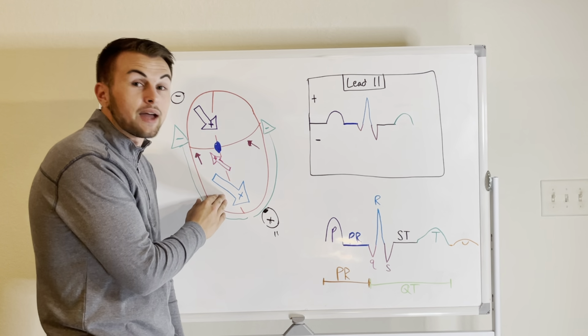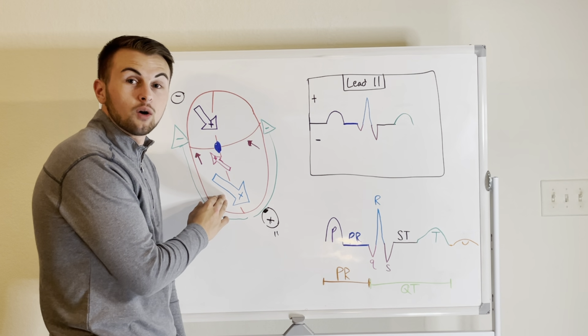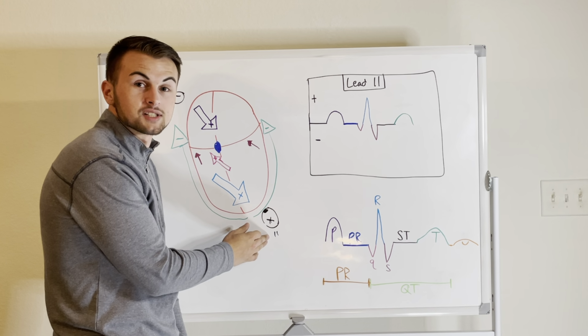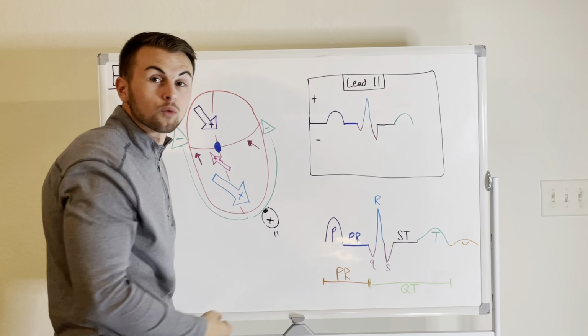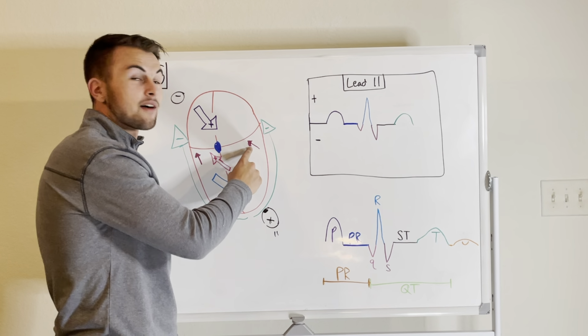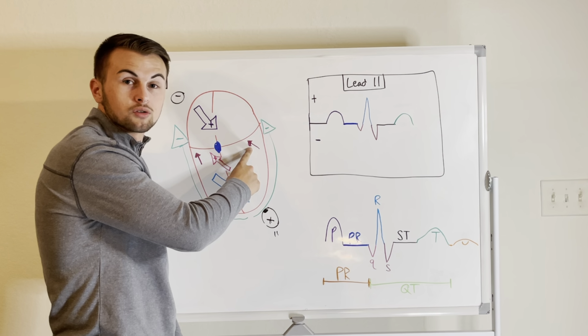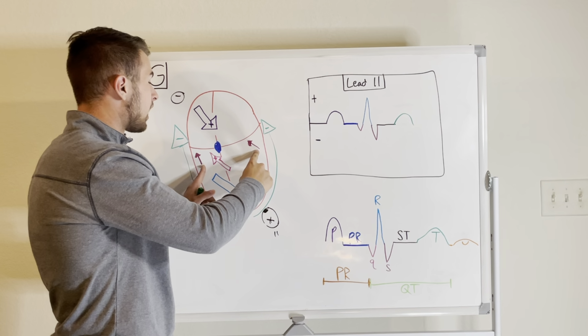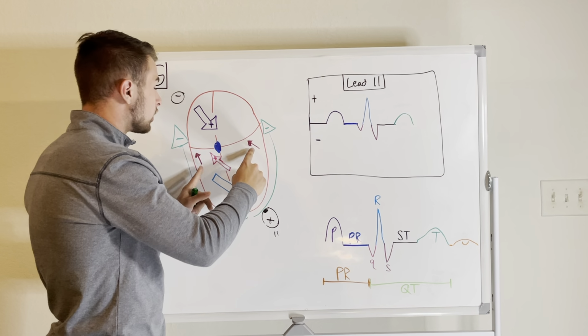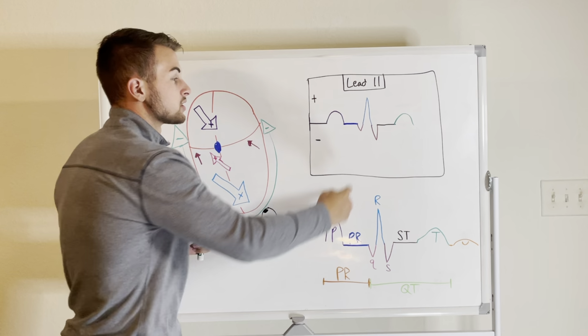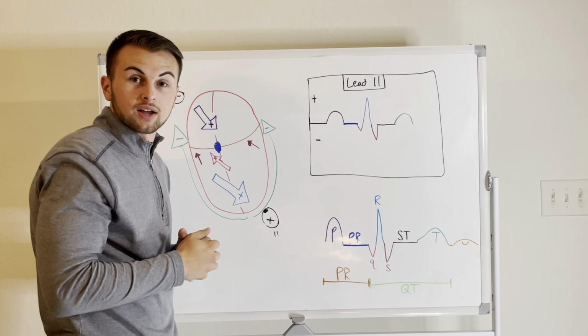Next, we have our major ventricular depolarization, which is a positive towards a positive, which gives us our R wave. And we have our basal ventricular depolarization, which gives us a positive towards a negative. A good thing is going away from us, which gives us our negative S wave deflection.